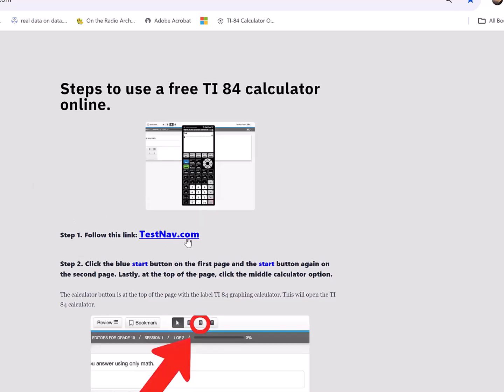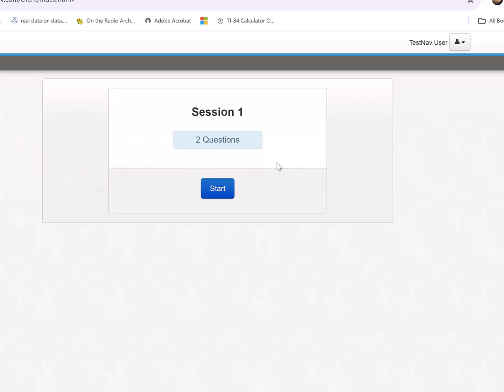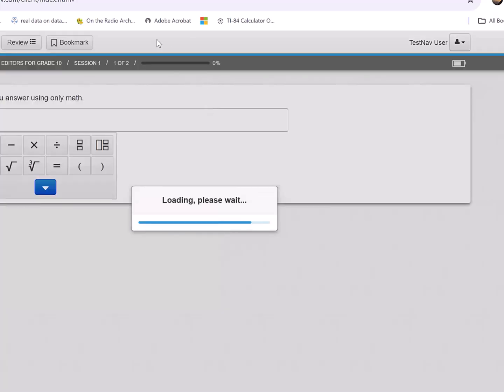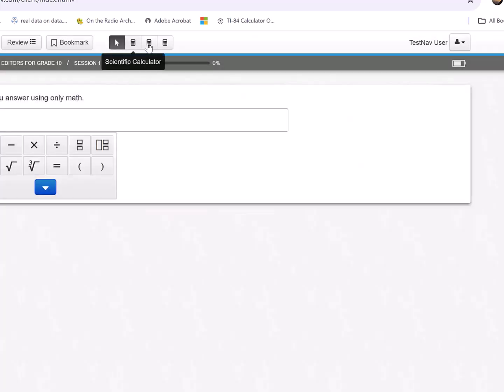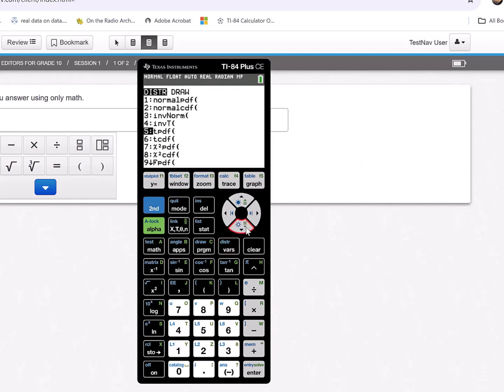Go to the test snap here, start, and then choose the calculator in the middle here. You press second, then distribution. You go down to binomial PDF. So you have 10 trials because you toss the die 10 times. Your success probability is 0.167, which is the probability you get a 6.